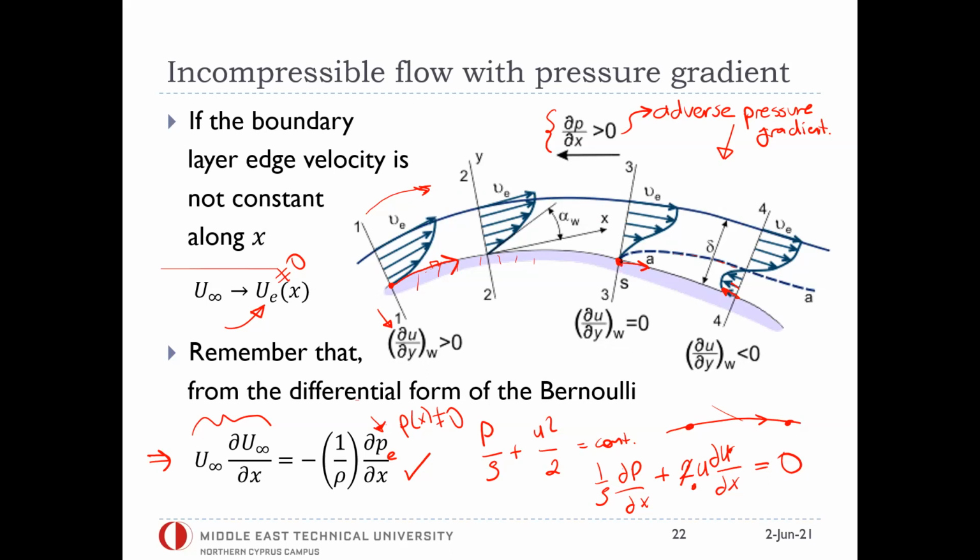At the flow separation location, the velocity profile takes a very specific shape. It does have what we mathematically call an inflection point in the function.